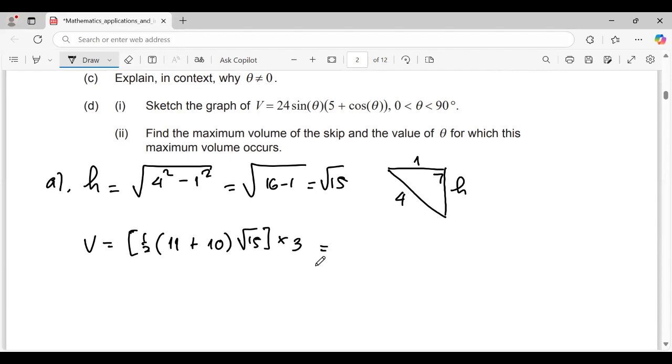This is the area of the trapezoid times the width. If you calculate, the result is 121.998, or rounded off, 122 meter cube.